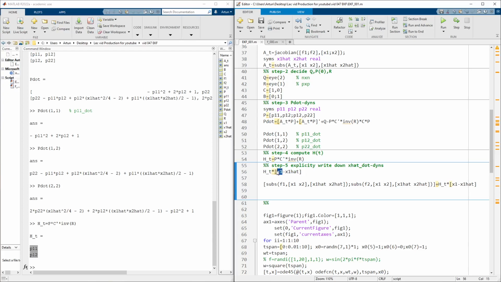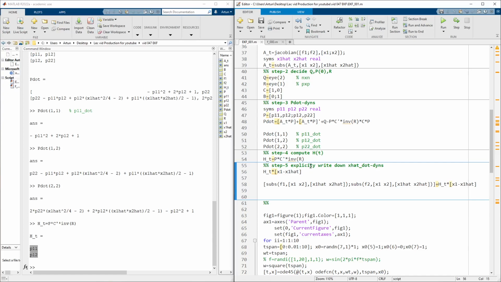Because we had y minus h of x hat, and our y is, due to our C matrix, only measuring the x1 state, and again the output of our observer is x1 hat for that reason.